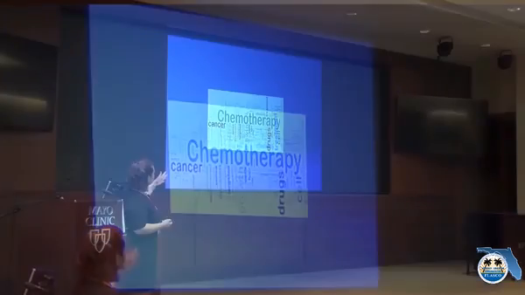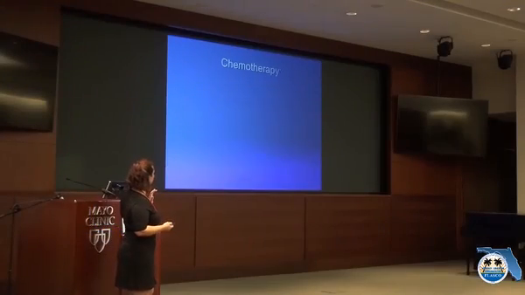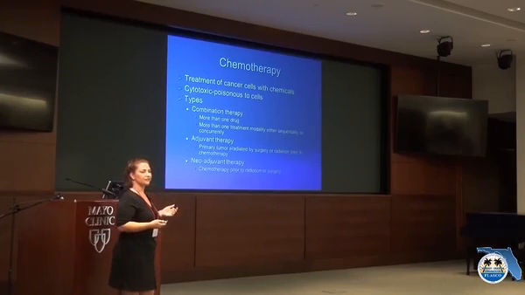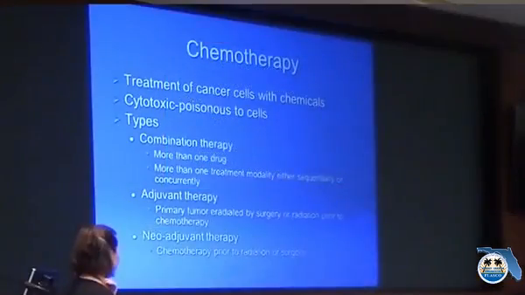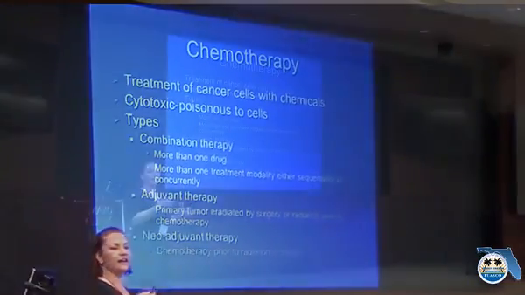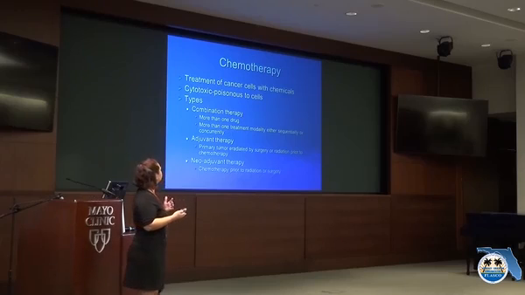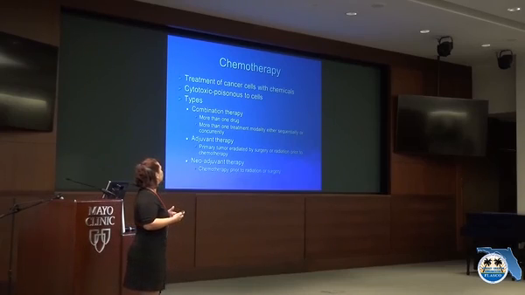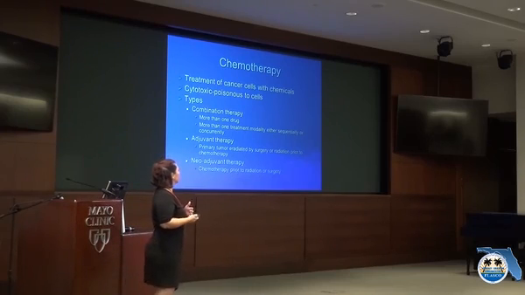Okay, chemotherapy, messy. We're just using chemicals to treat cells, right? So previously, she was talking about the DNA and how things are mixed up. What we're trying to do is get in there and trick it up. Even though it's already messed up, we're trying to trick up the DNA to try to kill the cells.